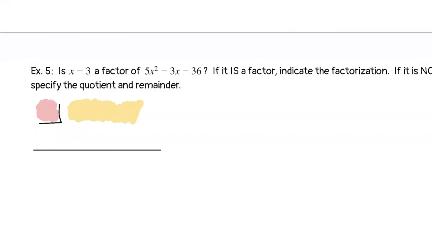All right, 3. Well, let's see. x minus 3 equals 0. x equals 3. Yeah, so once we set that factor equal to 0 and we find what x is, that number goes inside that little square. What numbers would I write in the yellow blob?